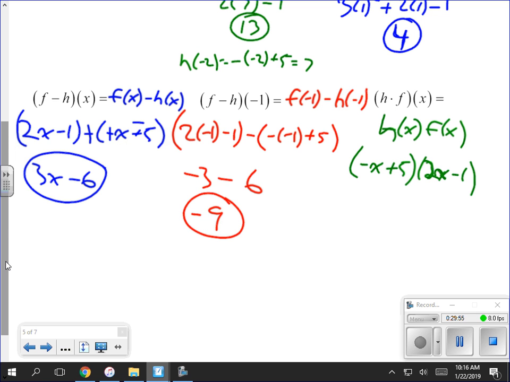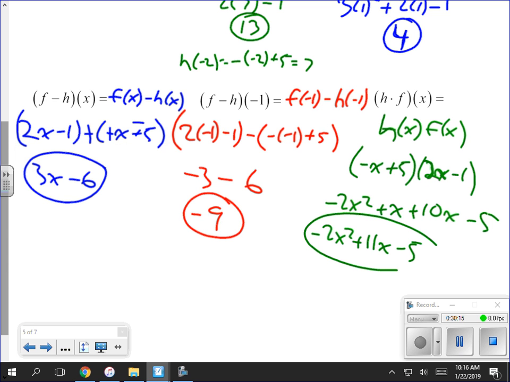FOIL. Negative 2x squared plus x plus 10x minus 5. So I get negative 2x squared plus 11x minus 5.